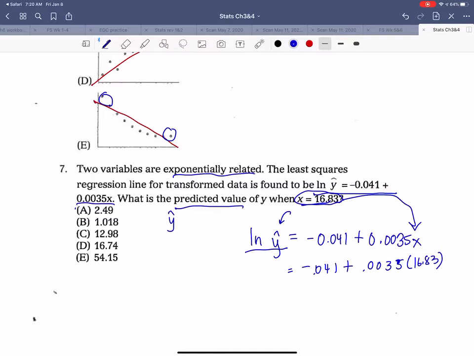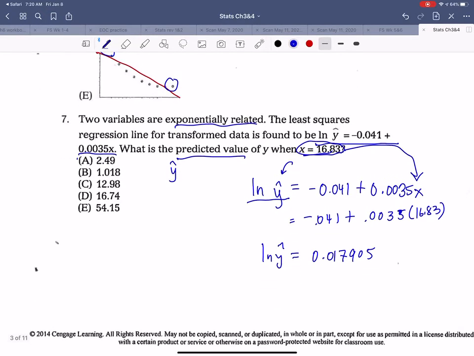So I get 16.83 times take away 0.041. Okay, so I get the natural log of y hat is 0.017905. All right. Hopefully I typed all that in right. I'm going to type it in one more time. 16.83.